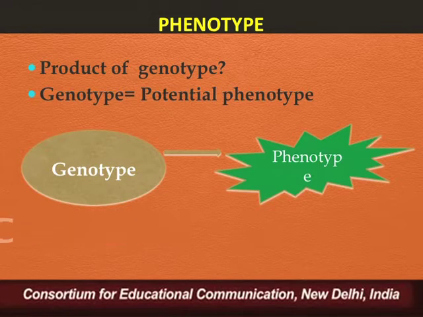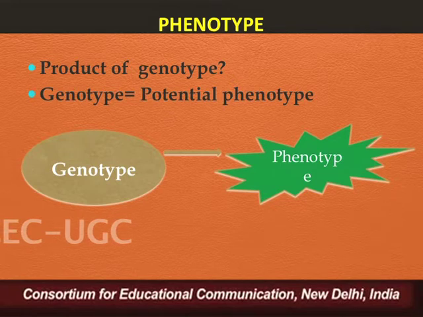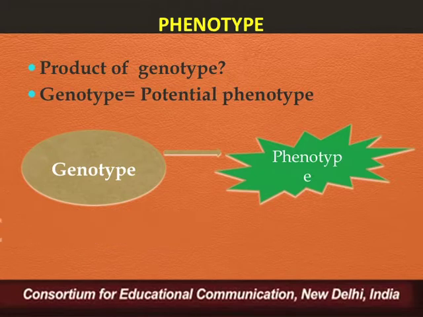We have been studying this since our lower school classes, since the 10th class I think, that a phenotype is produced by a genotype. By this time you must know the difference between phenotype and genotype. A phenotype is a trait which is observable to us, and a genotype is the combination of genes present in an individual, which leads to production of the phenotype.